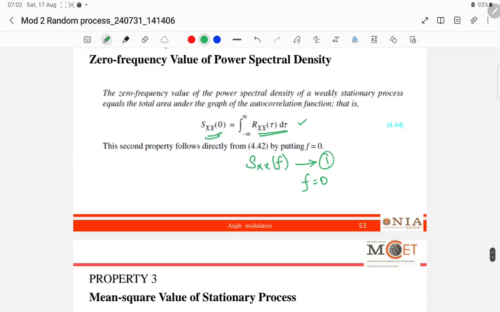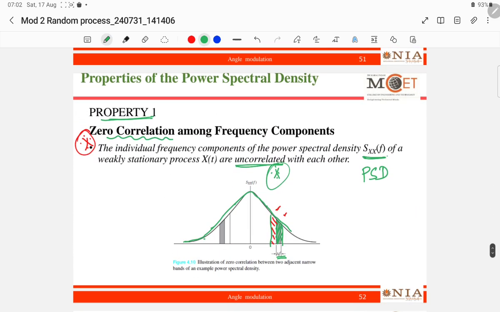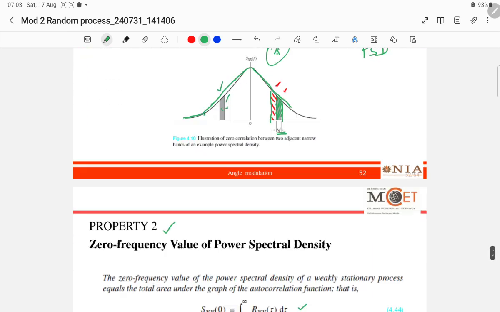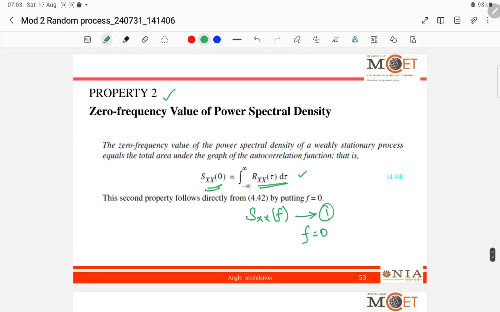So first, we have the zero correlation among the frequency components. Adjacent frequencies won't have any relation between each other. All the individual frequency components are uncorrelated with each other. The second property is that the zero frequency value of the power spectral density is nothing but the area under the autocorrelation function.